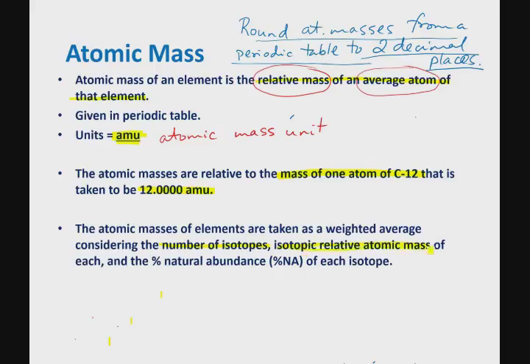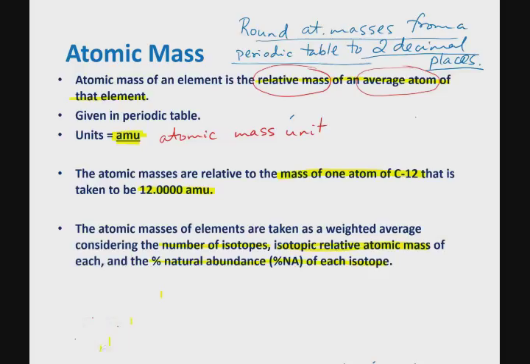So hydrogen in nature occurs as a mixture of three isotopes, H1, H2, H3. In order for us to figure out the relative atomic mass of the element hydrogen, we need to know that there are three isotopes. We also need to know the relative atomic mass of each of the three isotopic atoms, H1, H2, and H3, and we need to know the percent natural abundance of each isotope.